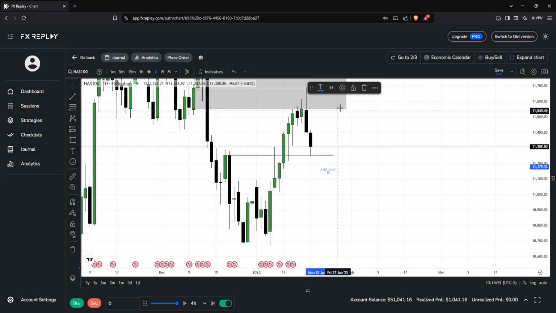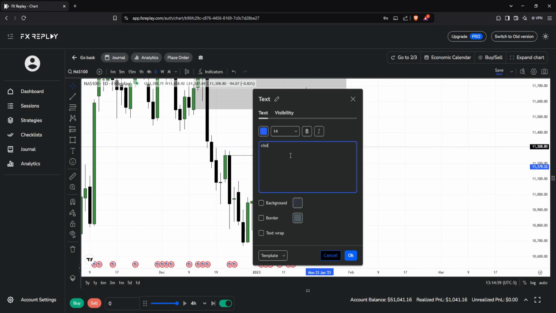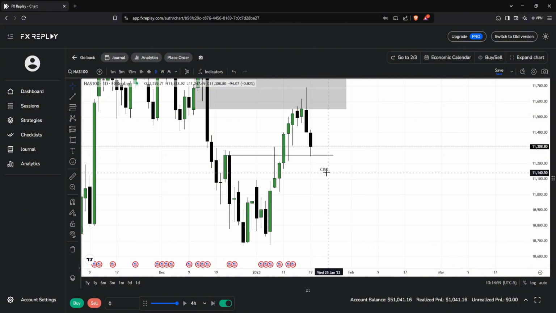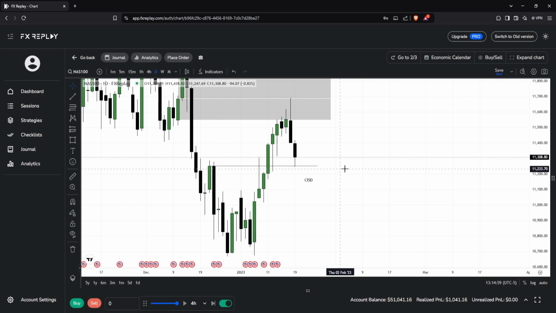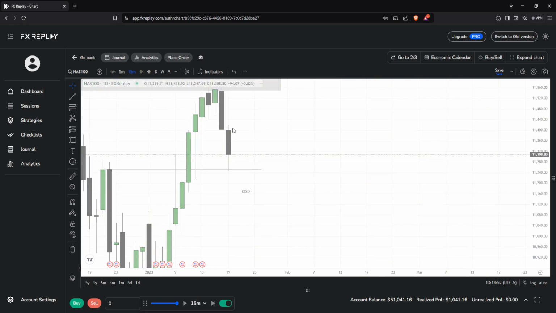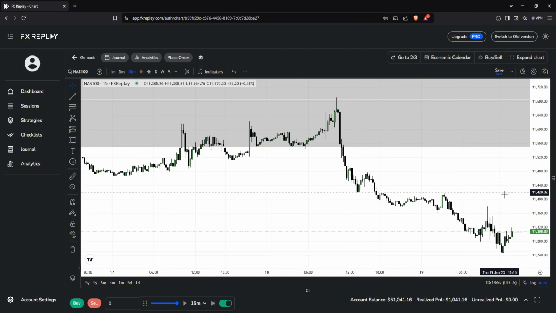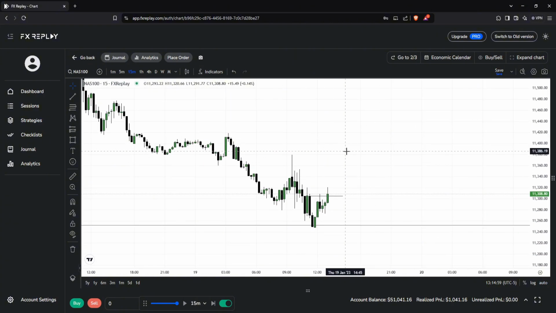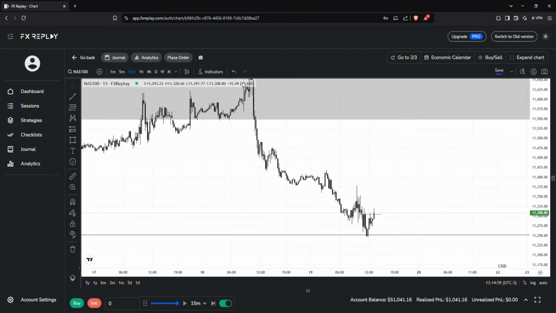Okay, let me type it. CISD, which is what? An order block, right? If we see a change in state of delivery from this high time frame PD array, I am going to be looking for longs to the old highs that we left during this retracement lower.